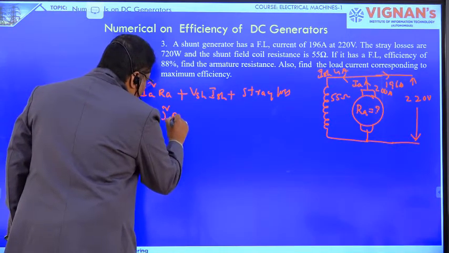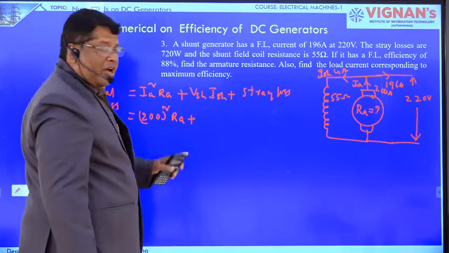RA, that you have to calculate, we don't know. That you have to calculate.